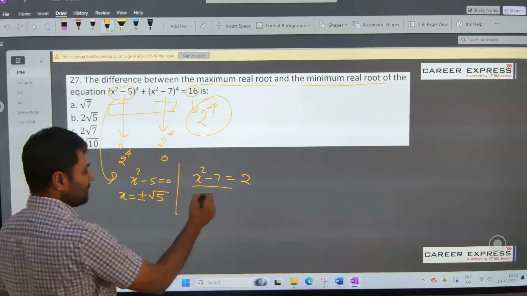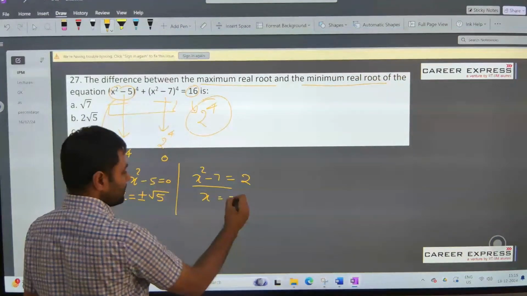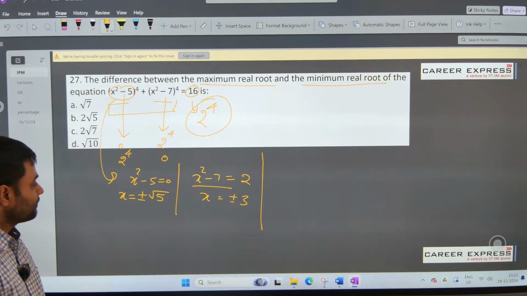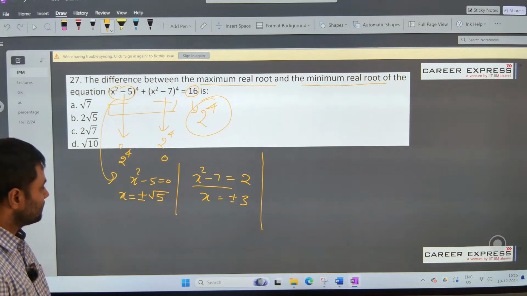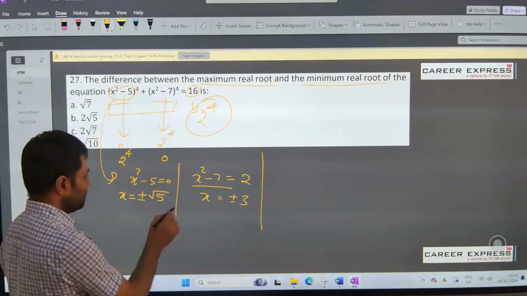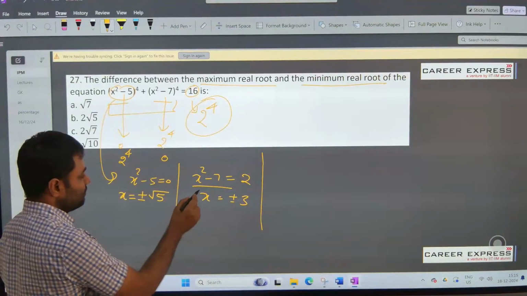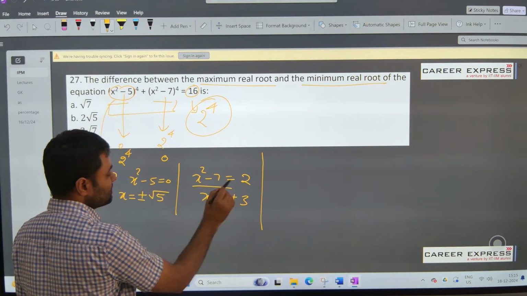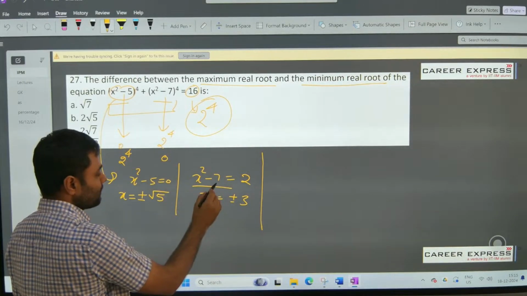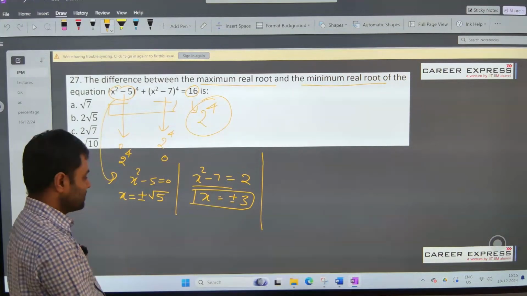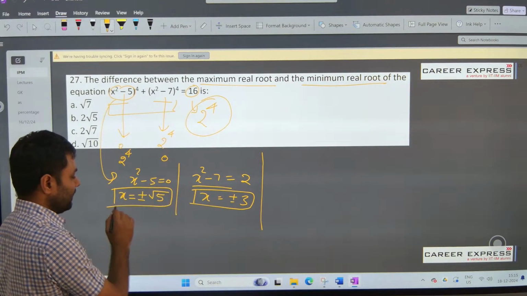And in this case, x will be plus or minus 3. Right? Now, if x square minus 5 is 0 and x square minus 7 is 2, then x will be plus minus 3 and x will be plus or minus root 5.